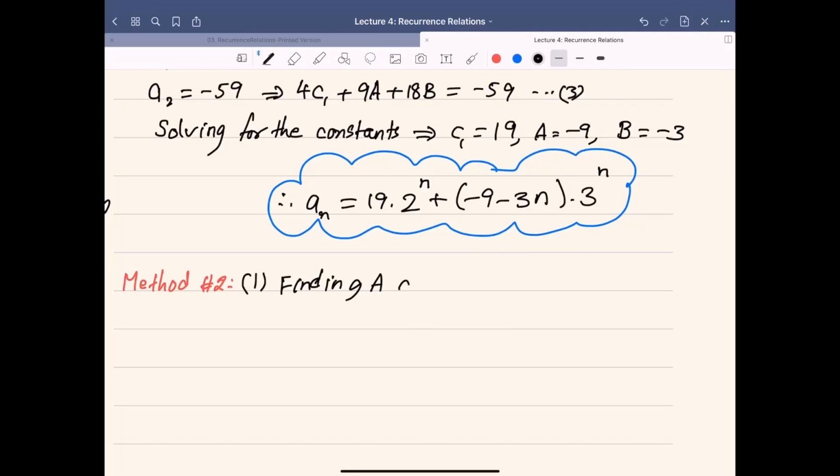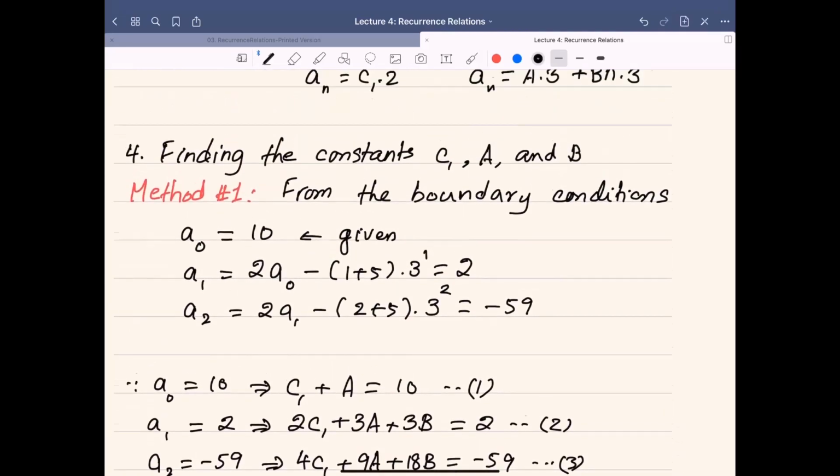Finding a and b from a_n^p, which is equal to a times 3^n plus bn times 3^n. This is the particular solution labeled here.